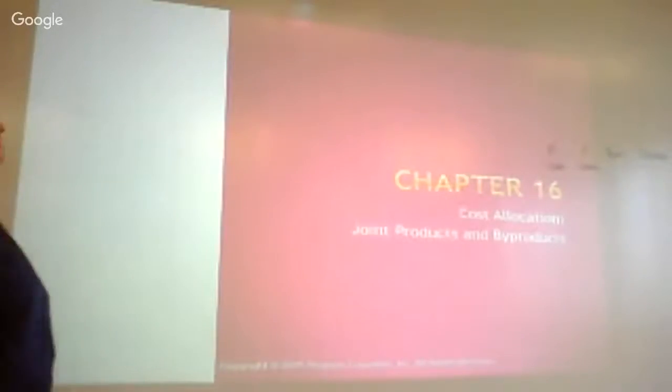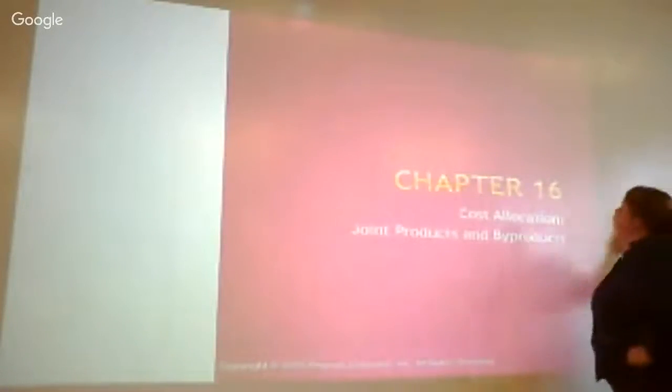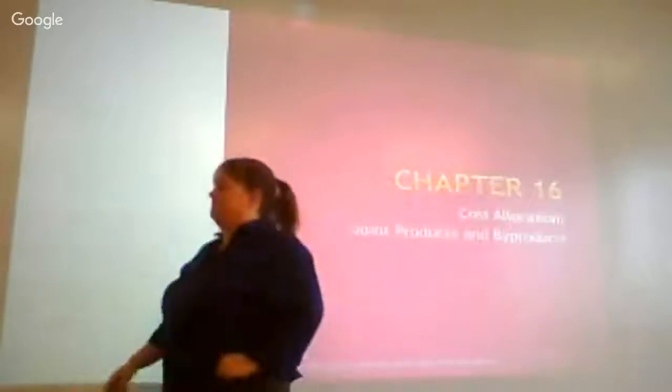So we have chapter 16 today, which is cost allocation, joint products, and byproducts. Actually, you know what? I just started doing the books for this painting company, and he wants to use this kind of stuff for his overhead.